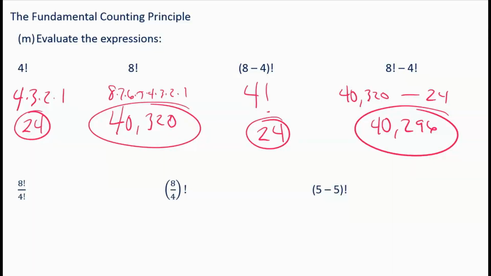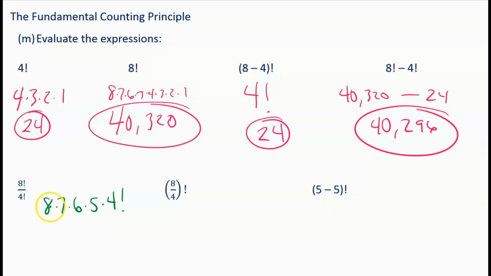Now, when you look at the bottom row, you've got 8 factorial over 4 factorial. We know a trick, don't we? Anytime you have factorials in the numerator and in the denominator, and there's no addition or subtraction going on, it's just multiplication. You write the top factorial all the way down to the biggest factorial in the denominator.